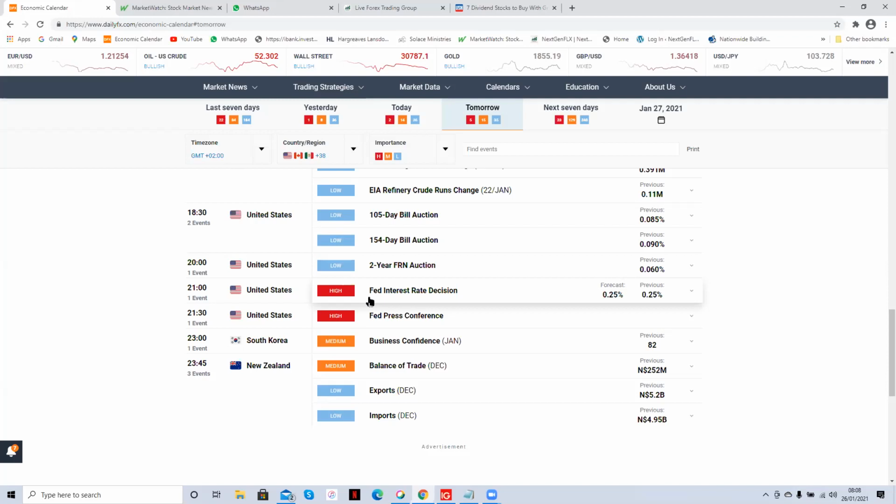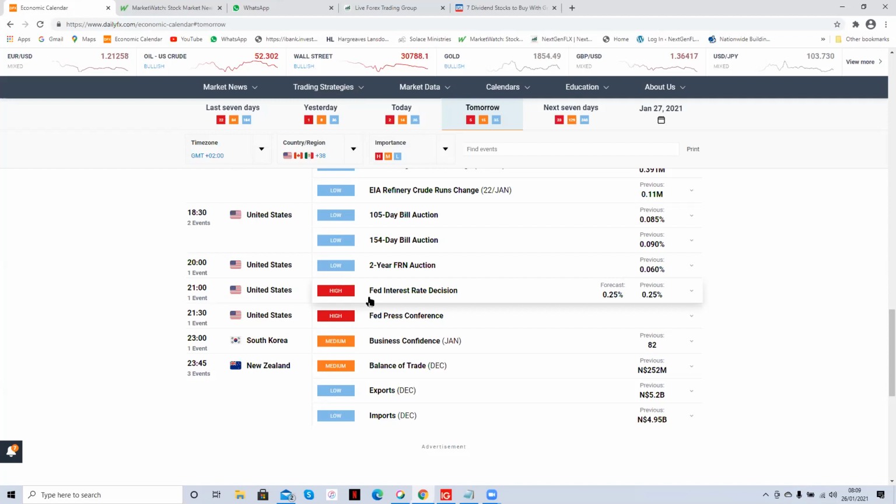All financial markets are affected by reports out of the United States. So whether you're trading the commodities market, the stock market, the bond market, or any currency pair, they are all affected by reports of high importance due out from the United States. And of course, the biggest you can have is the US federal interest rate decision. That's a huge report coming out tomorrow evening at 9 p.m. GMT plus 2.